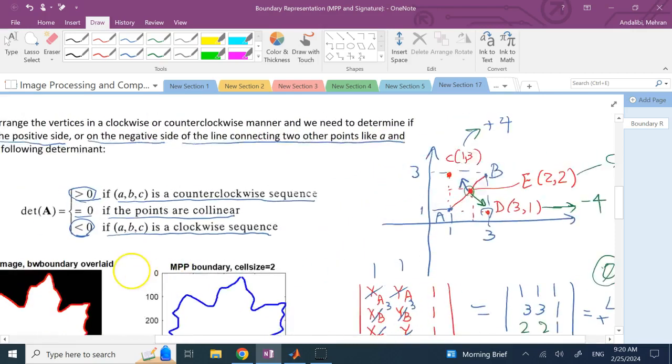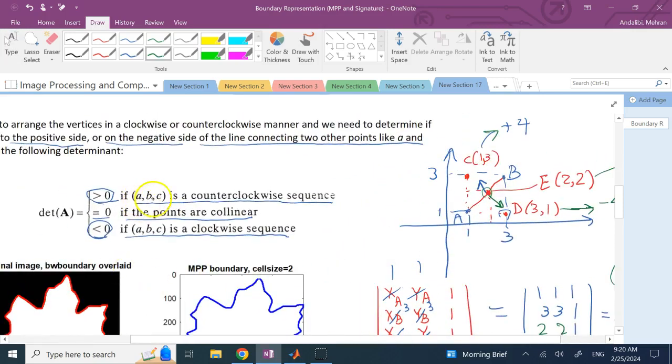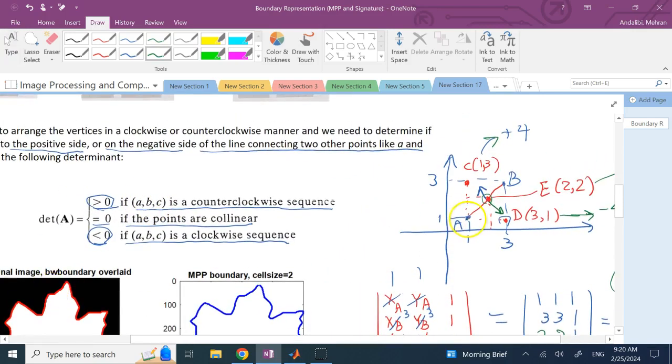And the other thing was, if I go by order A, B, C, if I go A to B, B to C, C to A, it says the order is a counterclockwise sequence, which you can clearly see: going from A to B to C back to A is clearly counterclockwise.